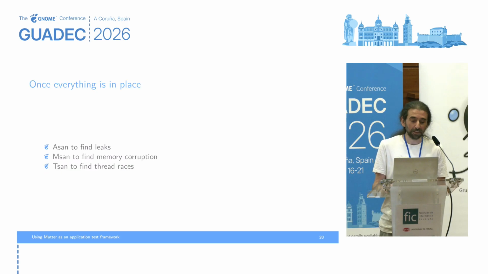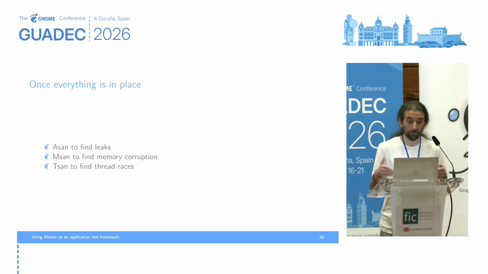So plenty missing. But once everything is in place and you have good testing coverage, you can actually get quite a lot from it, because you can run ASAN to find leaks. If you have pretty good coverage, you have a good chance to find many leaks and quite some misbehavior that you might miss.